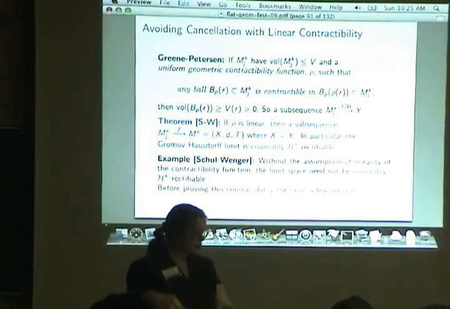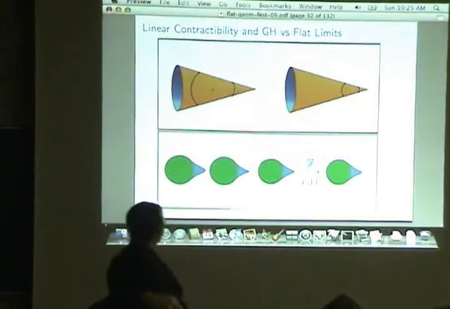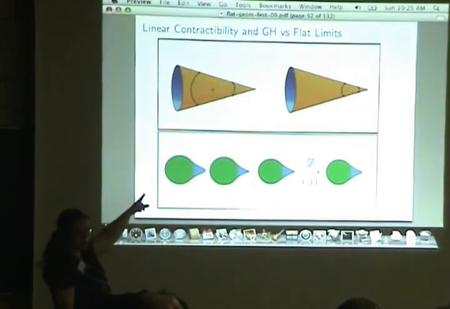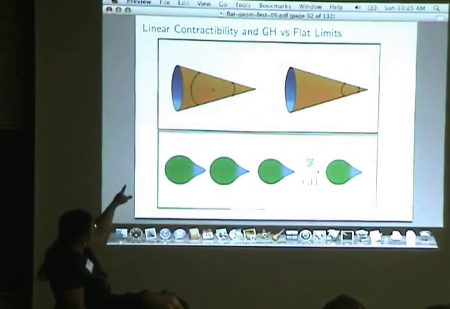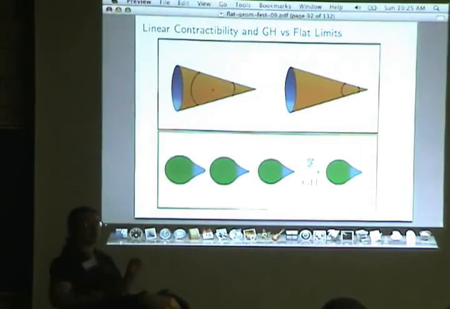So I'm going to draw the picture so you can see this. Here's a picture of linear contractibility. This ball here, which is near a cone tip, contracts within a radius of twice its radius. You see that? If you go twice the radius, you can get over the tip.